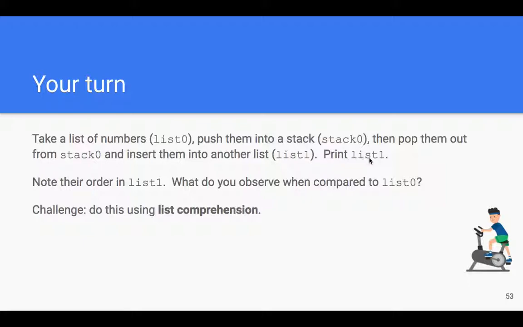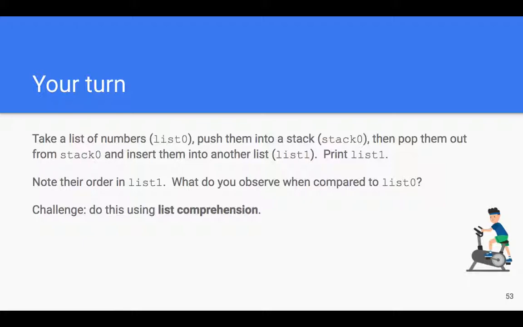Then let's print out what list 1 is. So basically, we push all the numbers from list 0 into a stack and then pop them out into another list, list 1. Then I want you to compare list 1 against what's in list 0 and see what happened to those numbers.